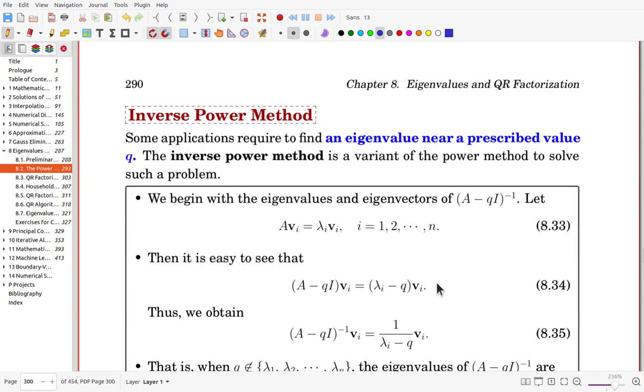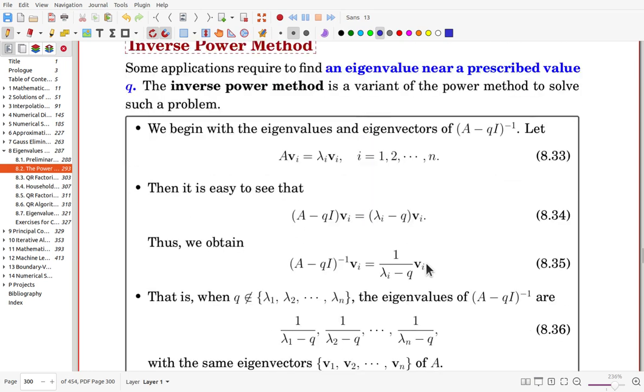Okay, let's go to the inverse power method. Some applications require finding an eigenvalue near a prescribed value q. The inverse power method is a variant of the basic power method to solve such a problem.